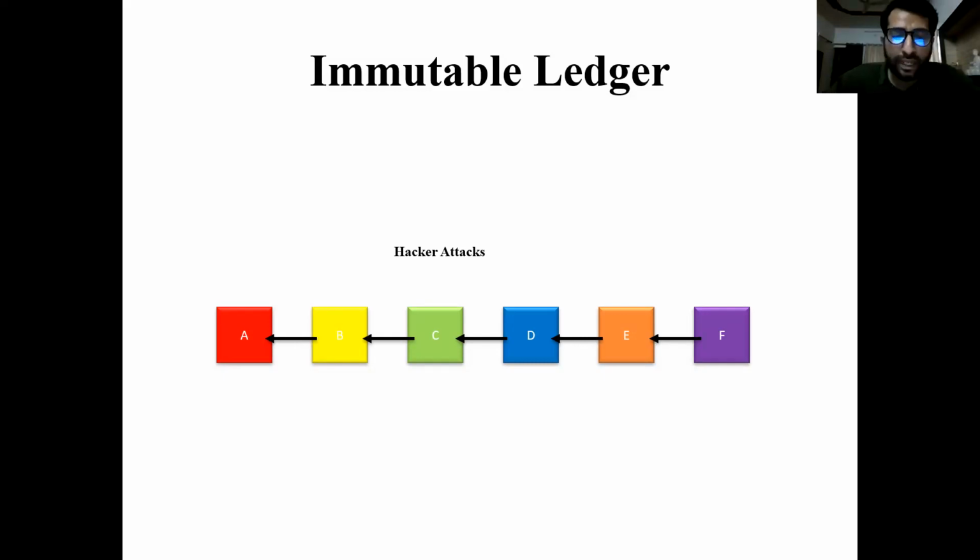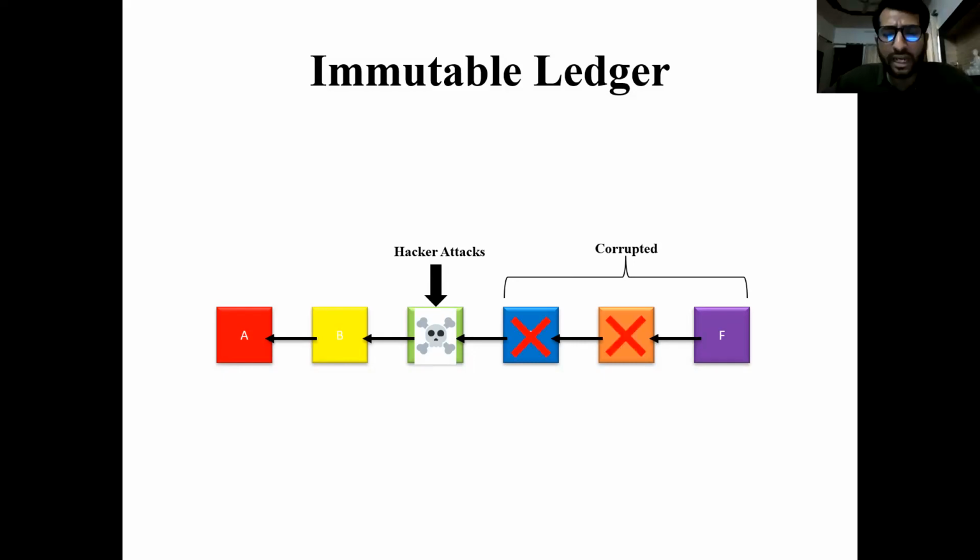So what happens is, as I already told you, once any hacker tries to manipulate any entry, once any single piece of data is changed, due to the avalanche effect, all the hashes or previous hashes will change. So further blocks' hashes and previous hashes will be corrupted.